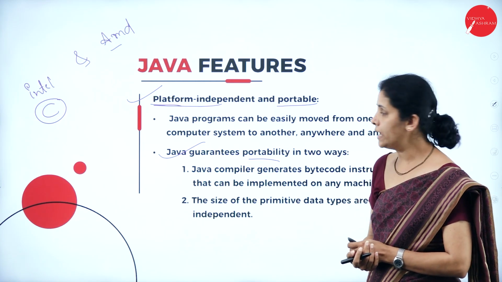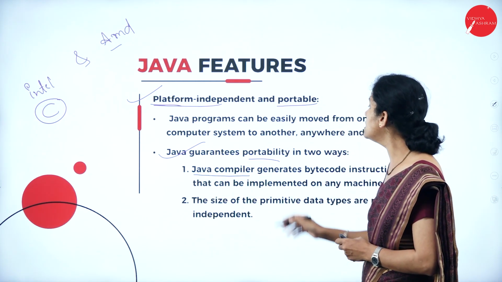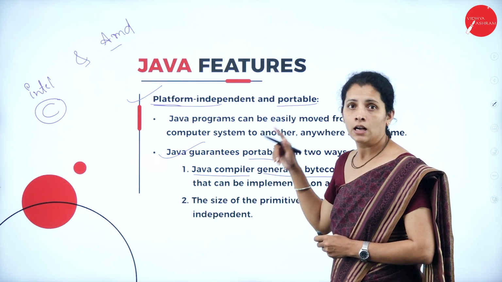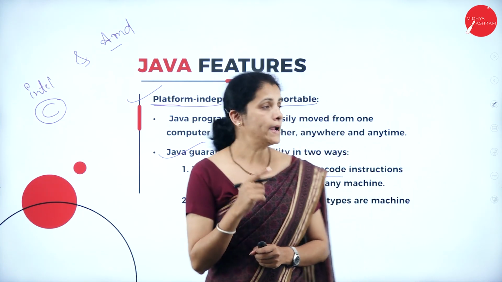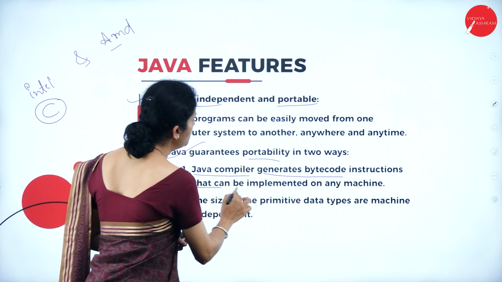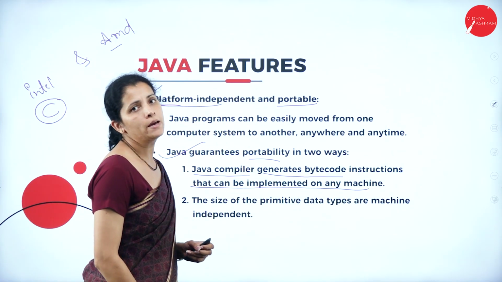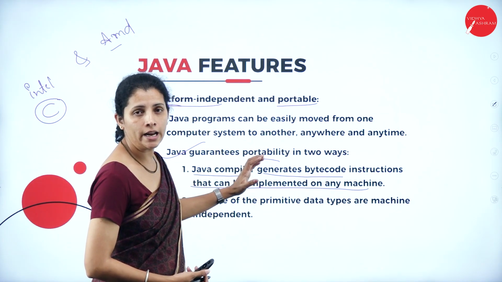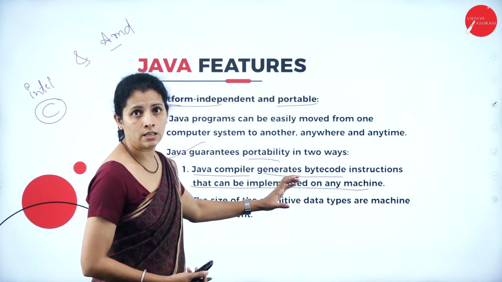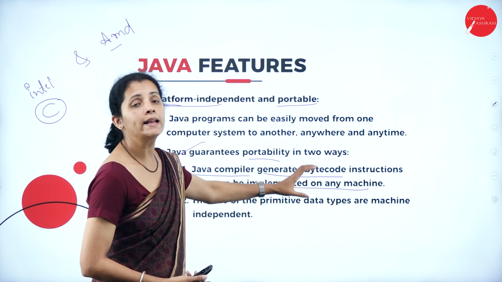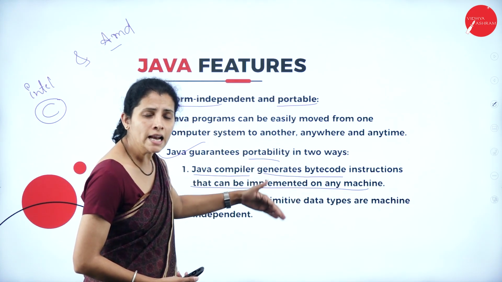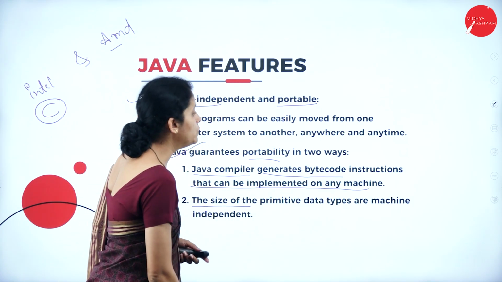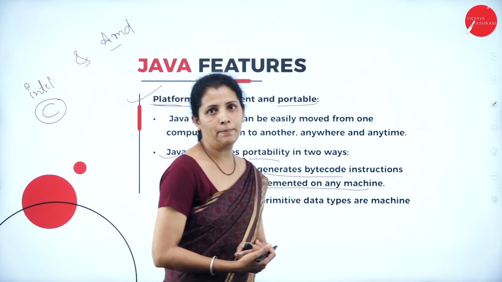So here Java guarantees portability in two ways. First, the Java compiler generates bytecode instructions that can be implemented on any machine. The Java program generates an intermediate result known as bytecode, and this bytecode is capable of running on any machine. Second, the sizes of the primitive data types are machine independent.